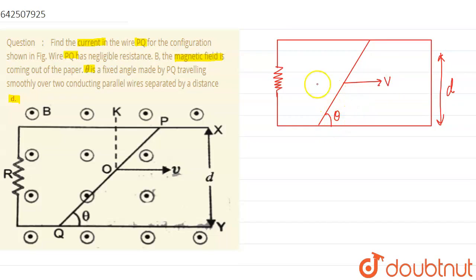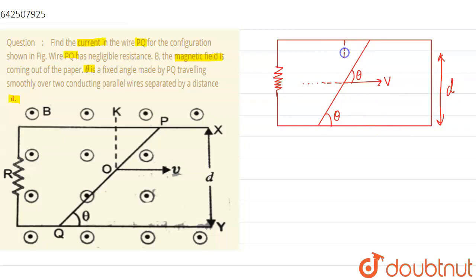Now see, if we suppose this line is a transversal dividing two parallel lines, then this angle and this angle will be equal, so this angle will also be theta, because corresponding angles are equal when a transversal divides two parallel lines.